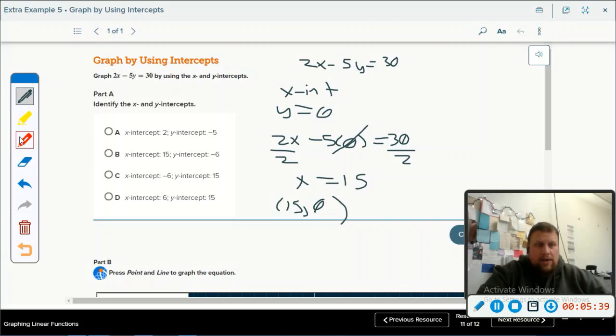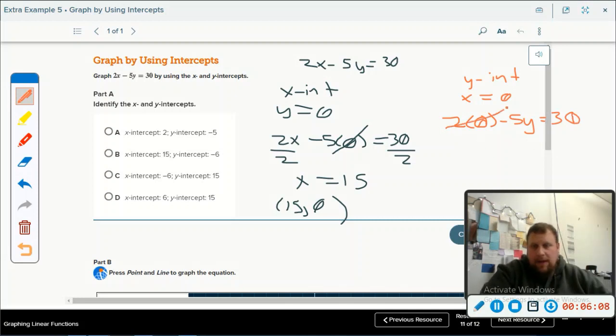Now let's do the y-intercept. My y-intercept is where x equals 0. So same equation, but instead I'm going to have 2 times 0. I'm going to plug in 0 for x minus 5y equals 30.